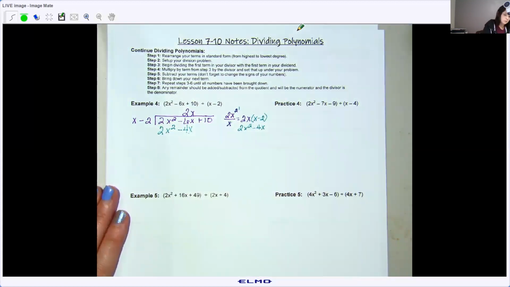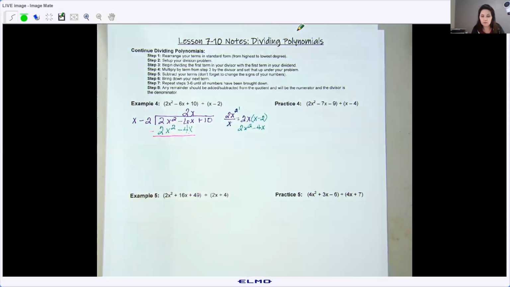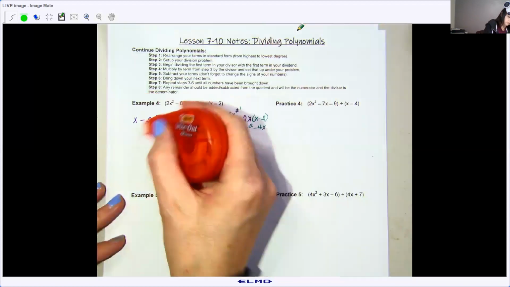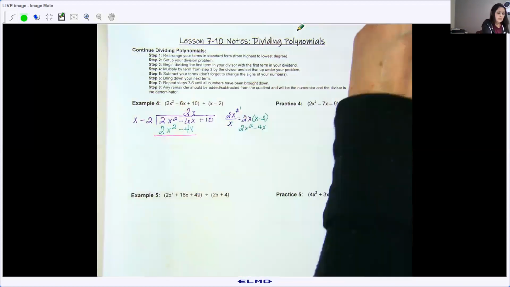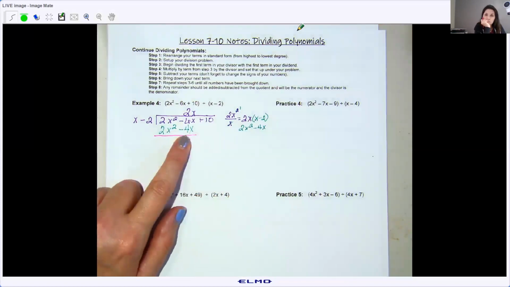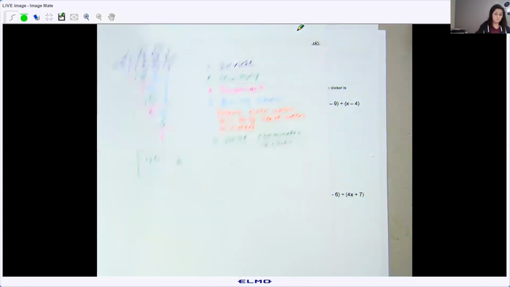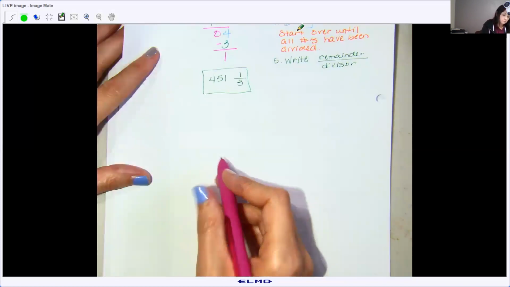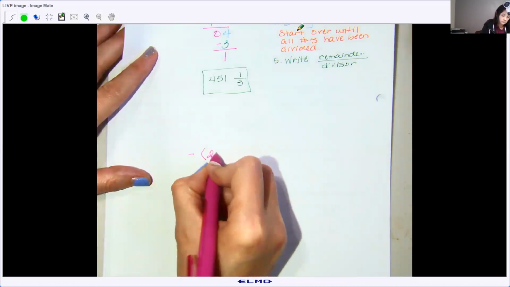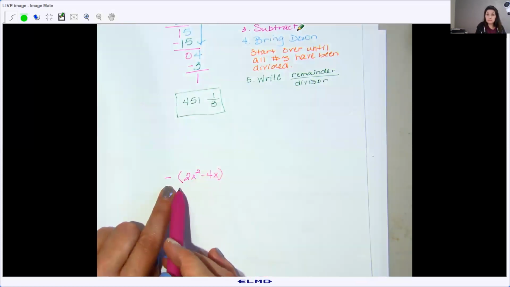Next step is to subtract. Now, this can get a little bit tricky. Let me take this off. Okay. This is a positive 2x squared and a negative 4x. Now remember, whenever you have 2x squared minus 4x, essentially, this is what we have.